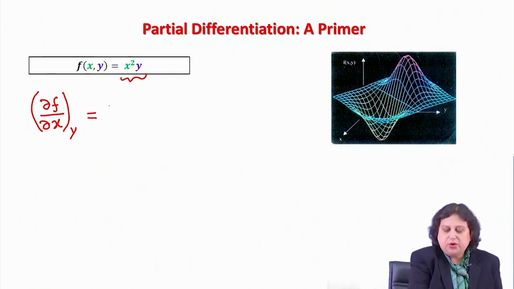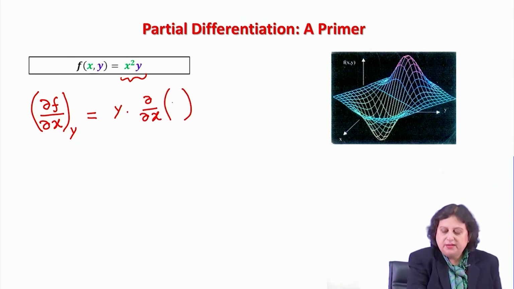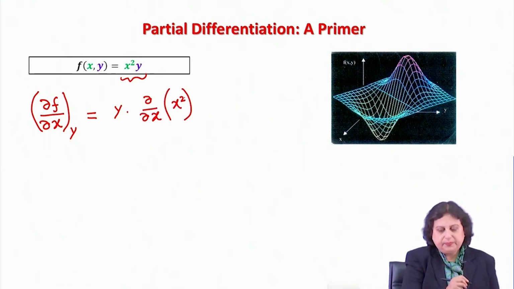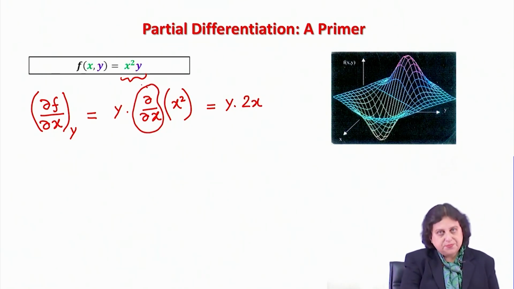Basically, what I will have to do is keep y constant and then take del x of the rest of the function. The rest of the function is actually nothing but a function of x. So the result would be y into 2x. Please try to understand that this portion is a simple differentiation.